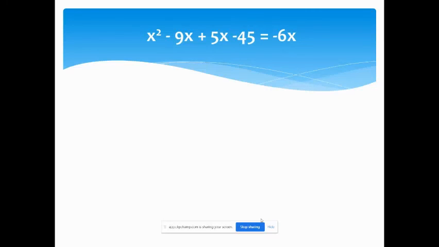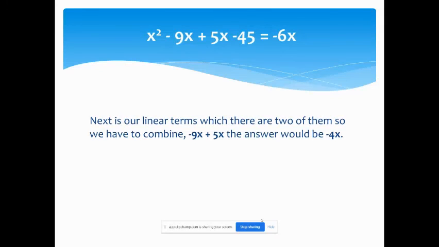The answer would be negative 4x. Then just copy our constant because it doesn't have any like terms. So it will result to this equation: x squared minus 4x minus 45 equals negative 6x.